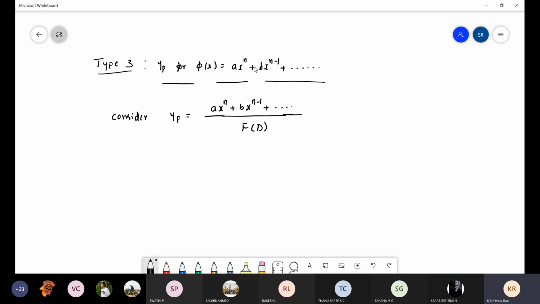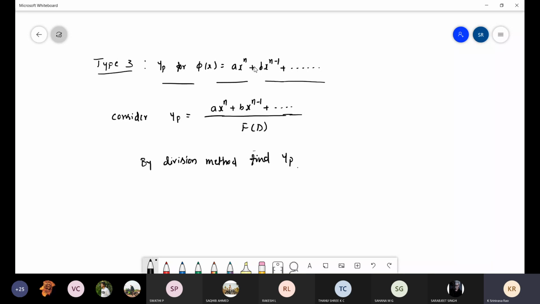By division method. So it is not synthetic division. It is a regular or normal division method. By division method, find Yp.